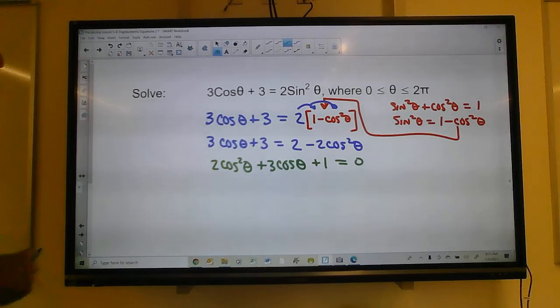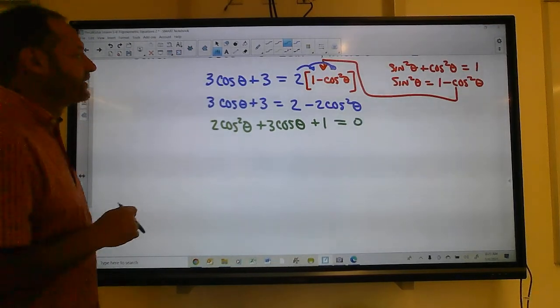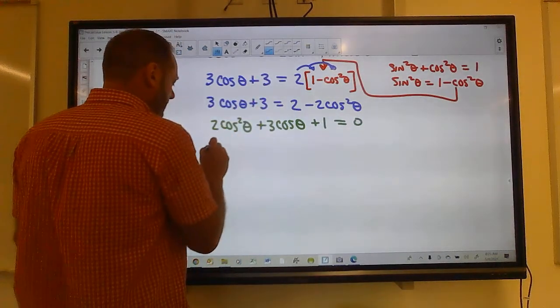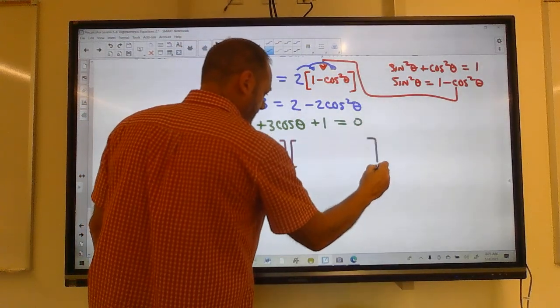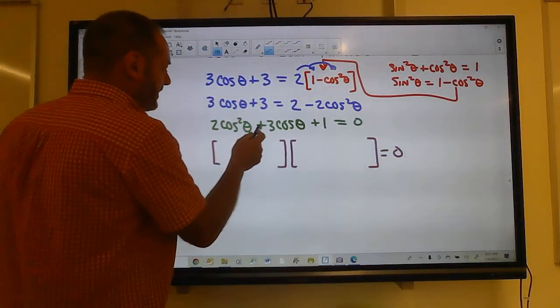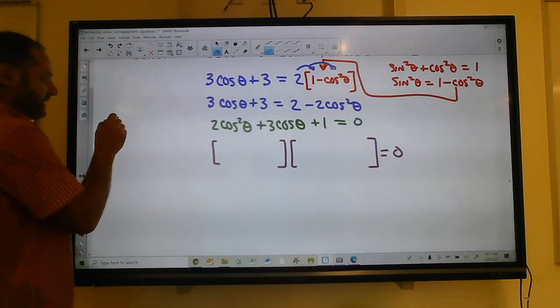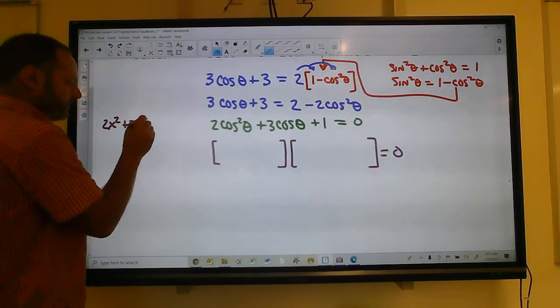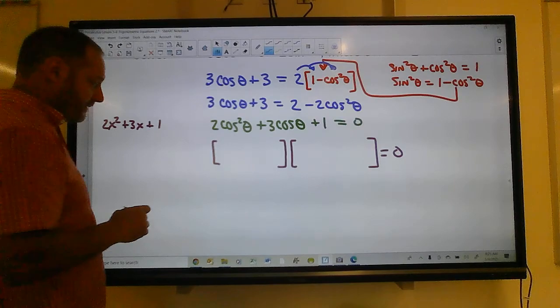Now it's virtually the same problem that it was on the last one, except it's cosines. So I can go ahead and factor this thing. And if you have a hard time factoring this, just because it looks complicated, just go ahead and change it to this and factor that, and then just go back and put the cosines back in where the x's were.